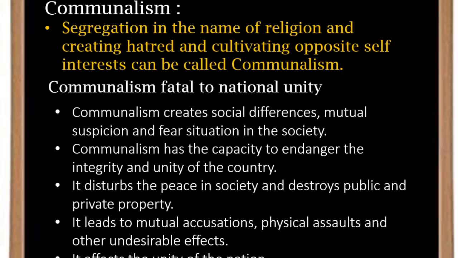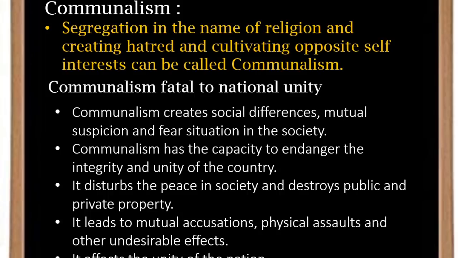So, that concept is known as communalism. Then what is communalism? Segregation of people in the name of religion and creating hatred and cultivating opposite self-interest among the people of different religions can be called communalism.